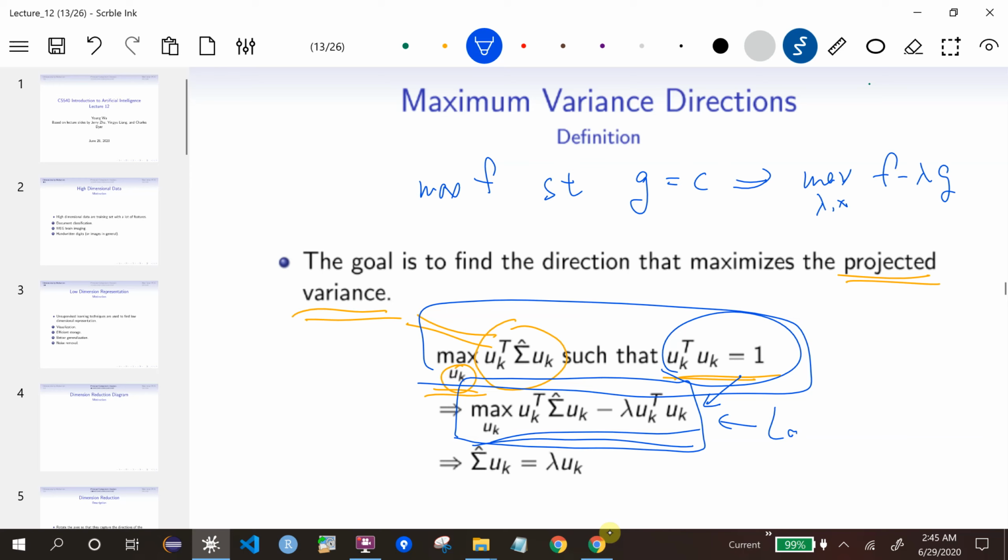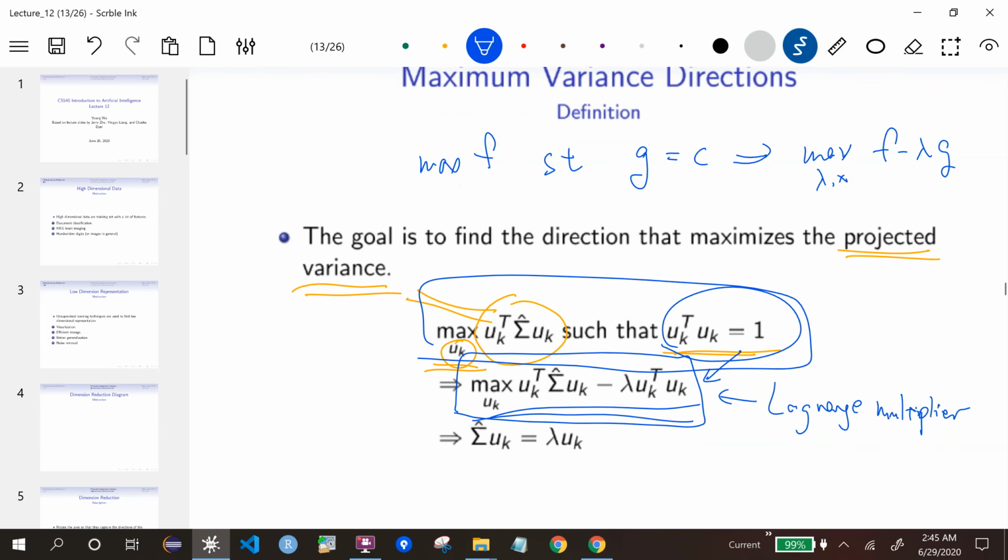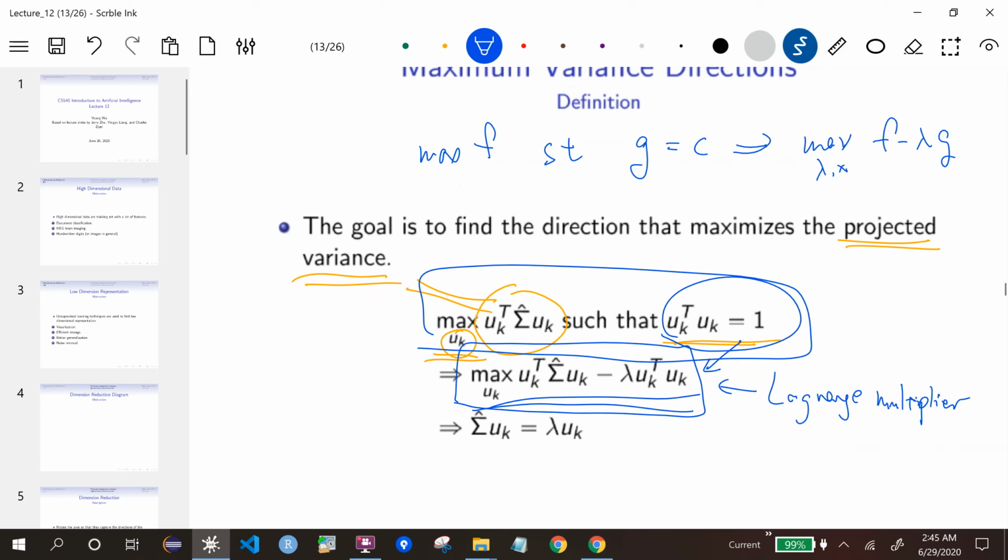That idea is called the Lagrange multiplier. I will skip the derivation here. Obviously, it's a very long derivation. So let's get back to here.